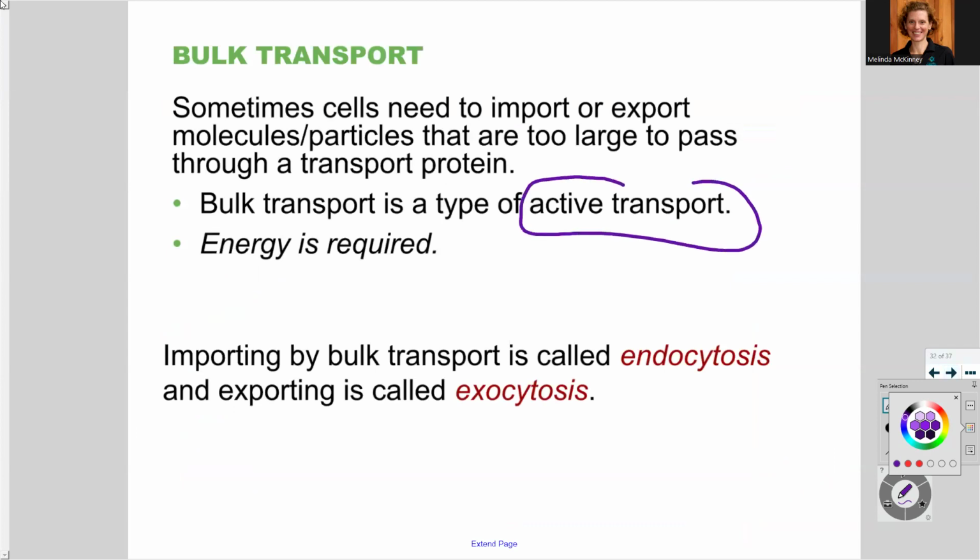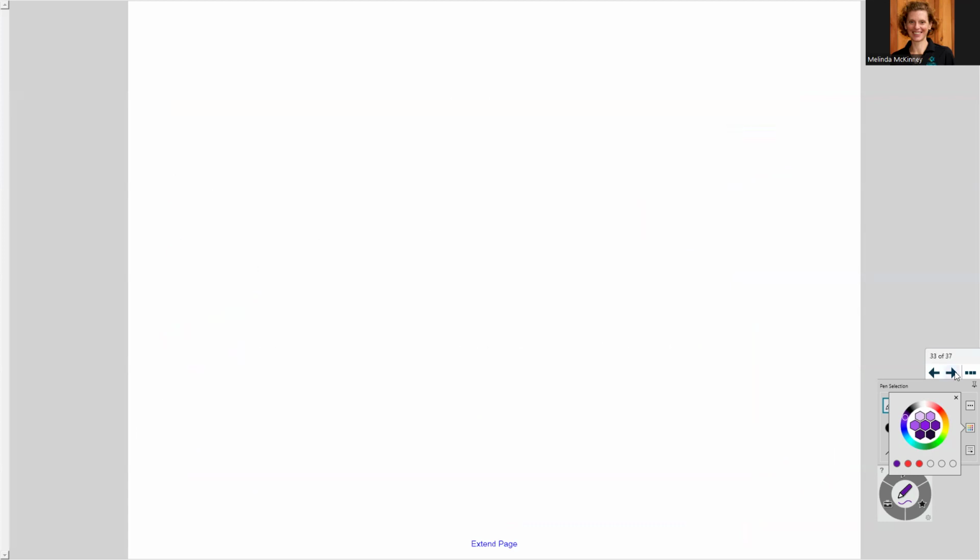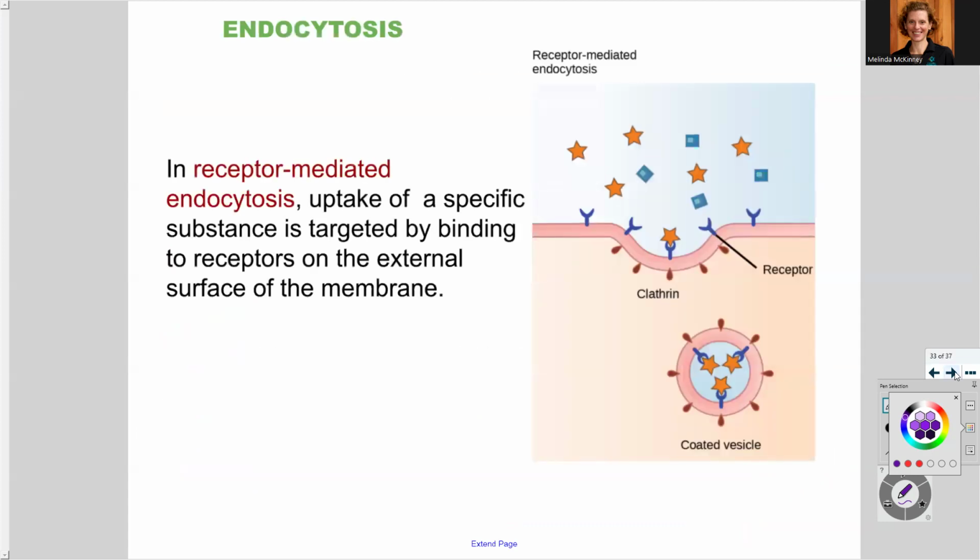It does require energy. Okay. Inside is endocytosis and outside is exocytosis. The one last concept here is that sometimes for endocytosis, it requires receptors on the surface of the membrane to be signaled.